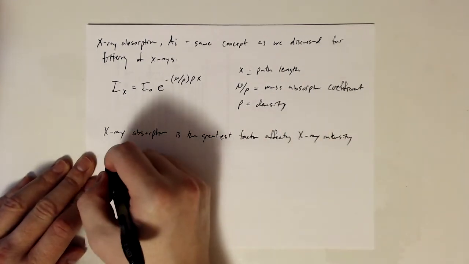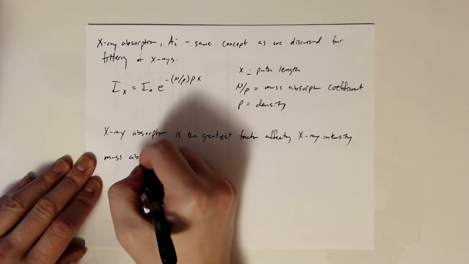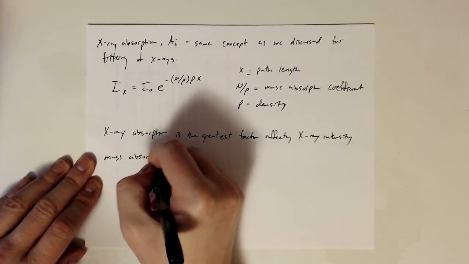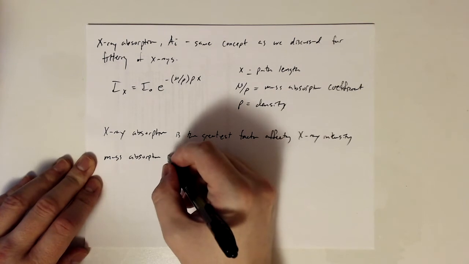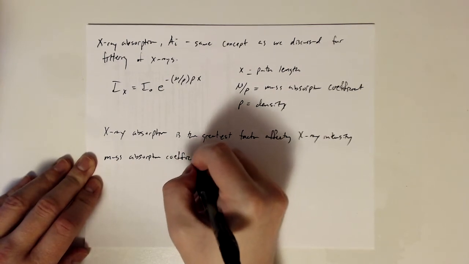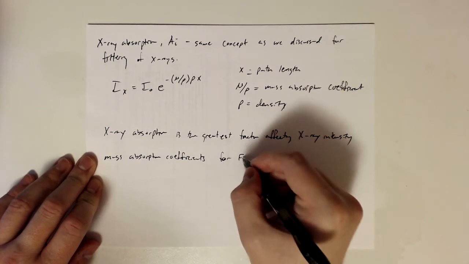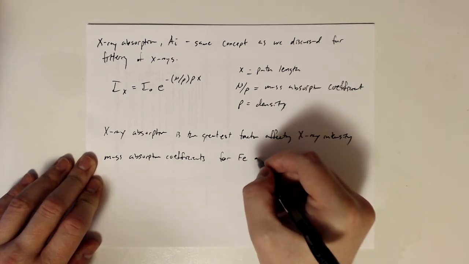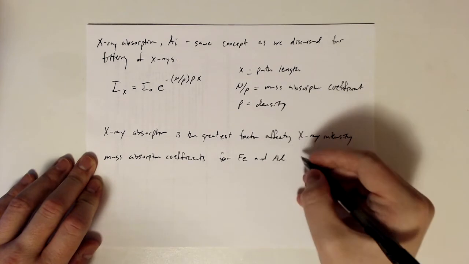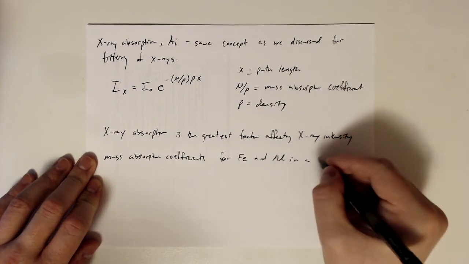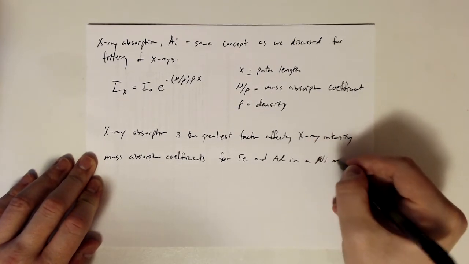So let's look at the mass absorption coefficients for iron and aluminum in a nickel matrix.